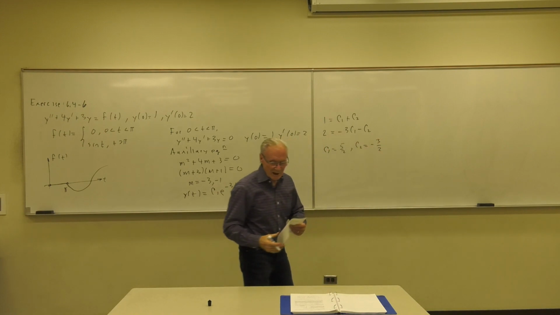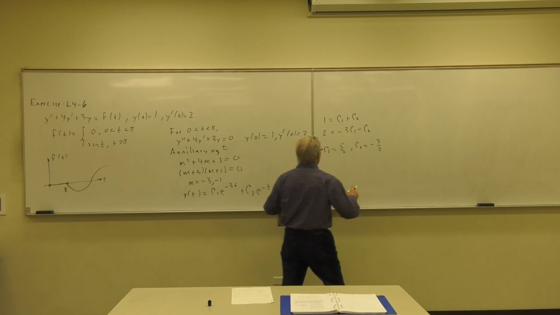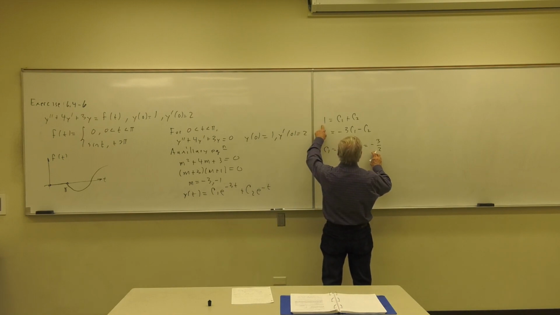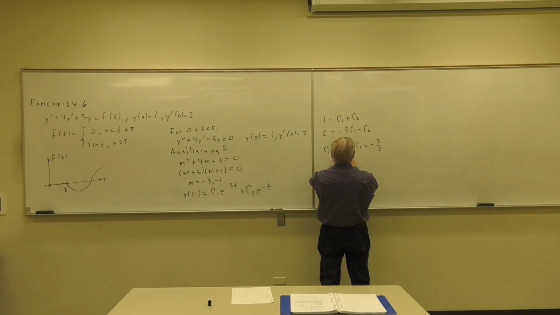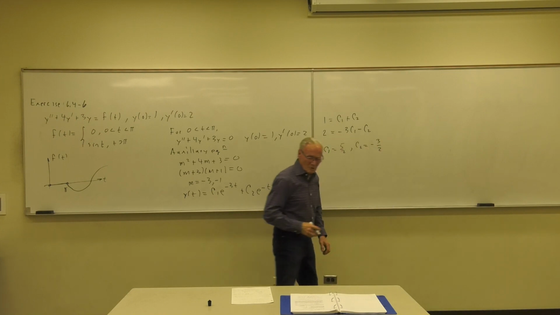Let's at least check that, okay? If I add them together, I'm supposed to get 1, that is true. I take minus 3 times this one, and then minus 3 times that one. Minus 3 times that is minus 15 over 2, and then plus 3 over 2. That doesn't turn out to be 2.